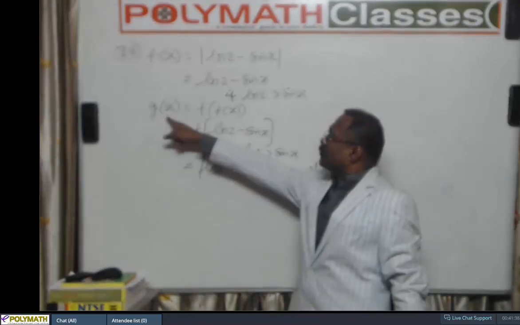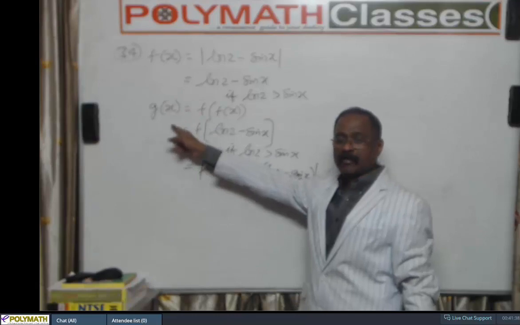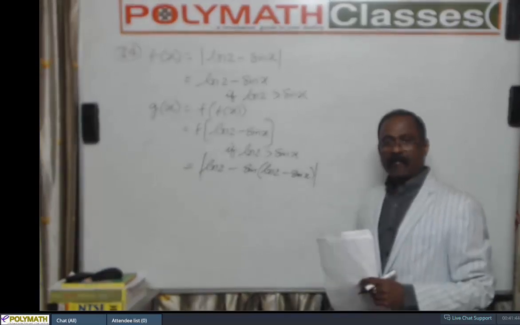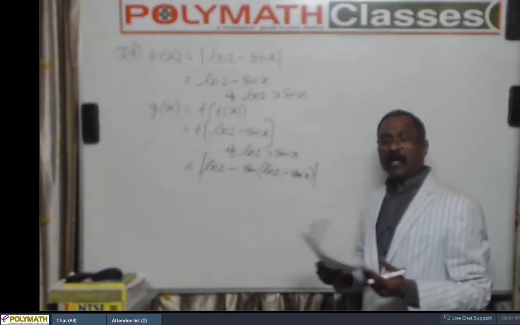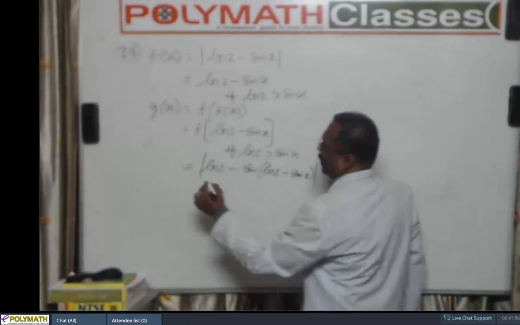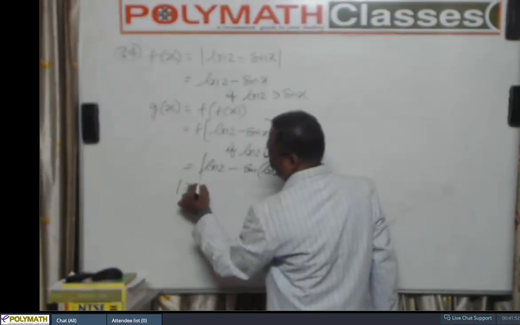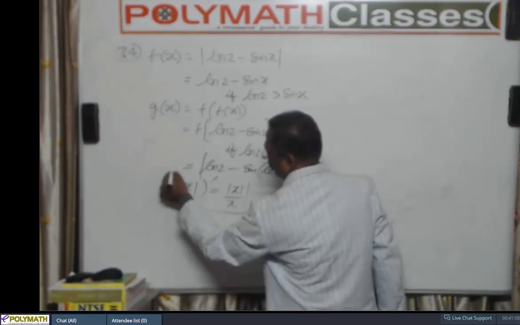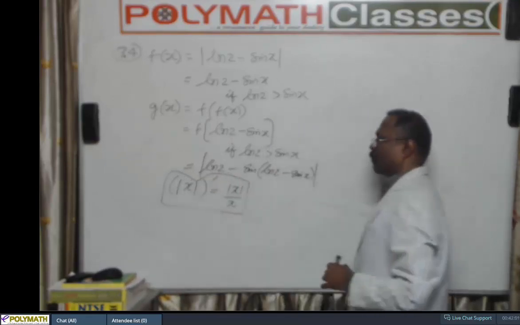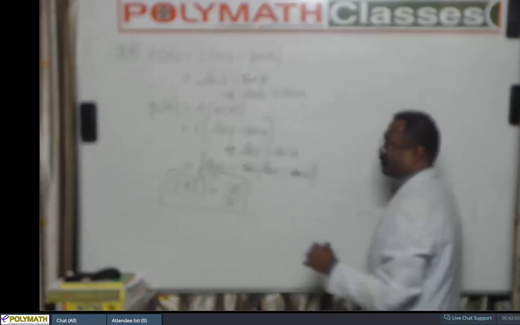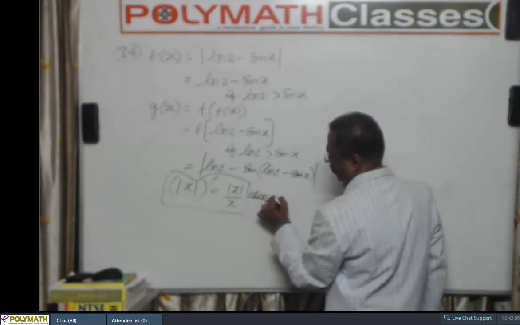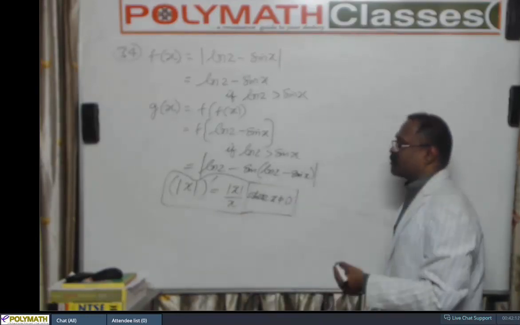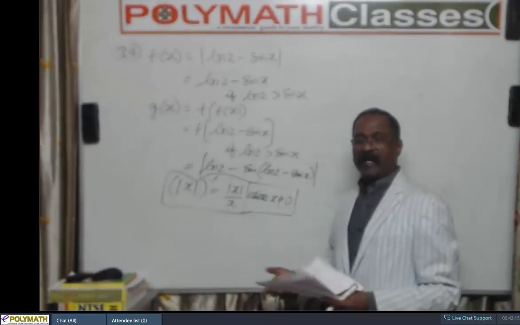Because the derivative of g is to be discussed at x equal to 0, you can consider that ln2 is greater than sine of (ln2 minus sin x). It will be greater only. Otherwise, you have to apply the mod x derivative, which is mod x by x, where x is obviously not equal to 0. This derivative is to be used by considering this as x.